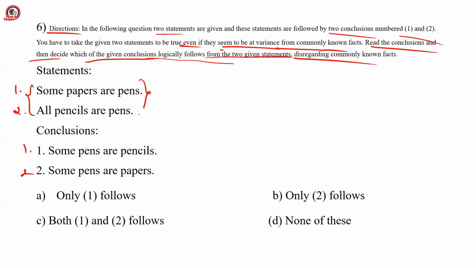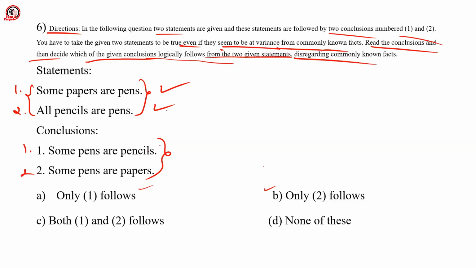After reading these statements and these two conclusions, with the knowledge of these two statements, you have to tell which of these follow. So whether only the first statement follows, or only the second one follows, or if both the conclusions follow, you have to tell which conclusion actually follows the statements that they have given.